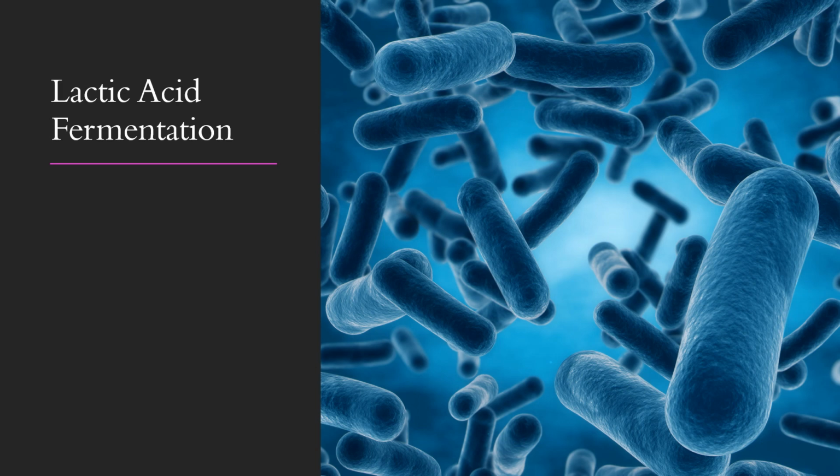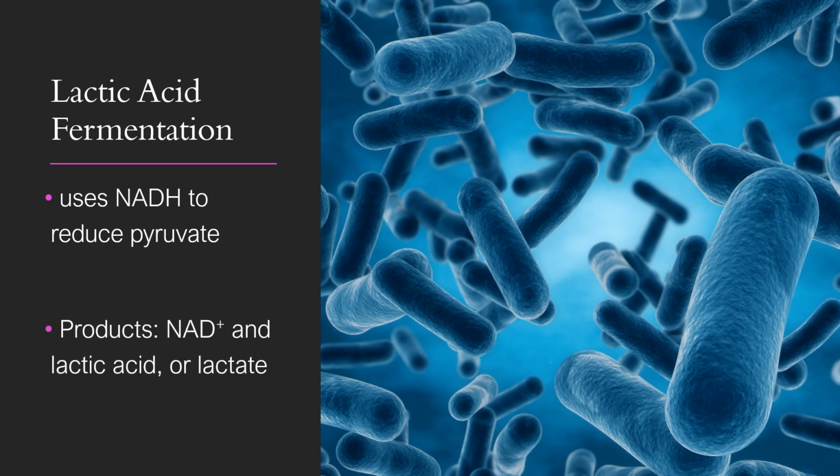In lactic acid fermentation, a cell uses NADH to reduce pyruvate, but in this case, the products are NAD+ and lactic acid or its close relative, lactate. The bacterium Lactobacillus, for example, the one that you can see in the picture, ferments the lactose in milk, producing lactic acid that gives yogurt its sour taste.